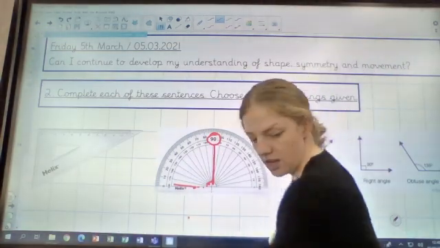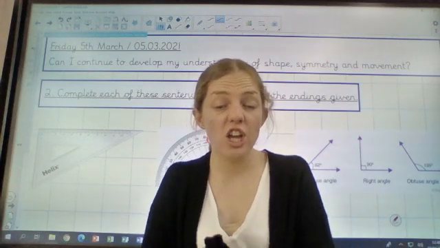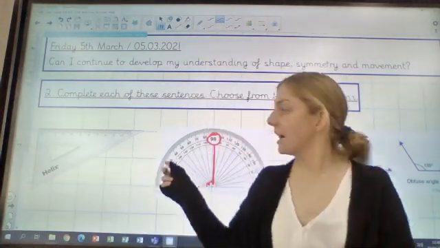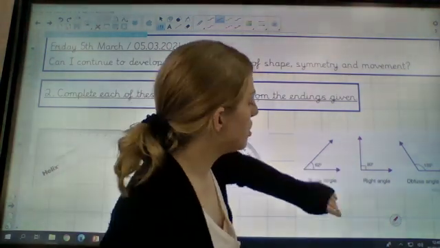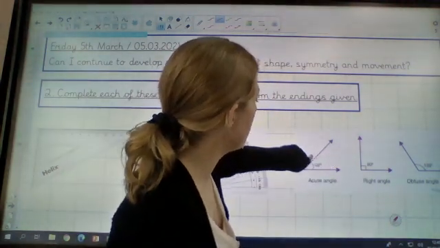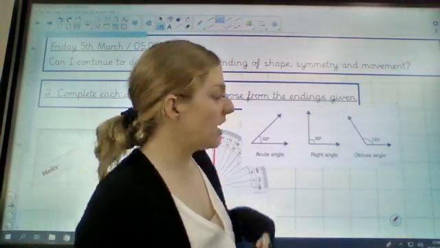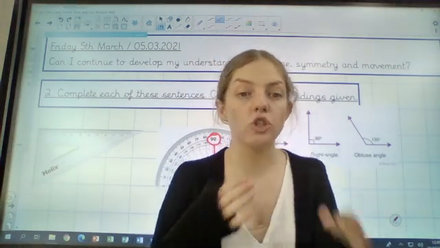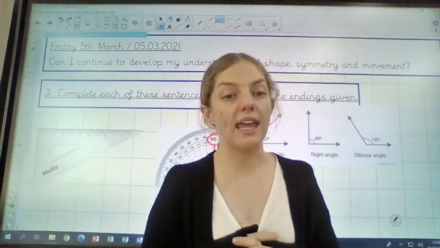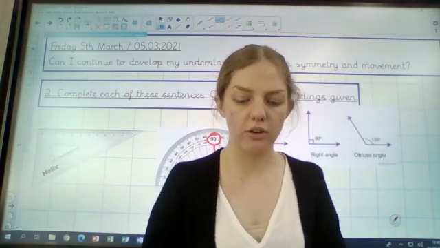And this protractor helps us to measure different angles. So you would use the protractor to measure the angles here, okay? So that's what you use to figure out how to measure an angle. Now, you will get used to using protractors when you come back into school and you move through the year groups, okay? Now, they are a little bit tricky to use to start with, but it does get easier, okay?